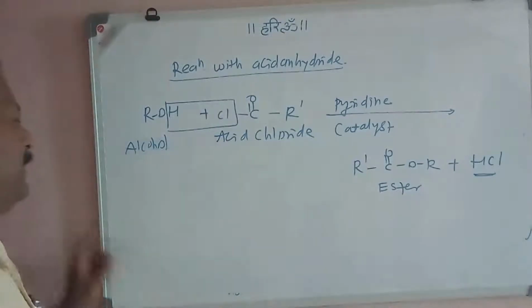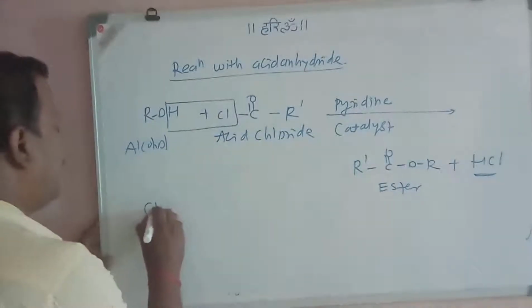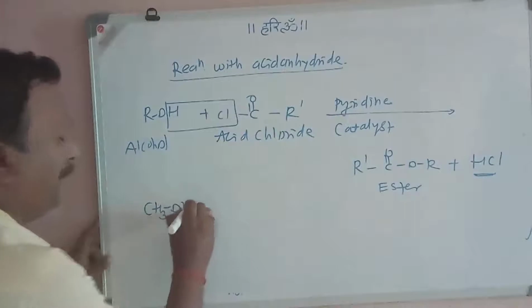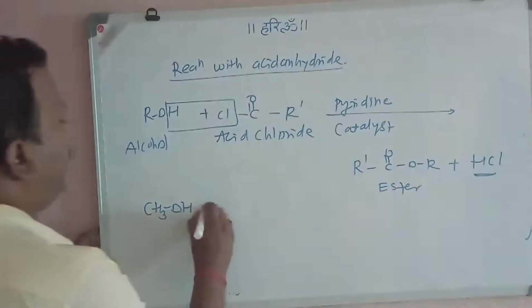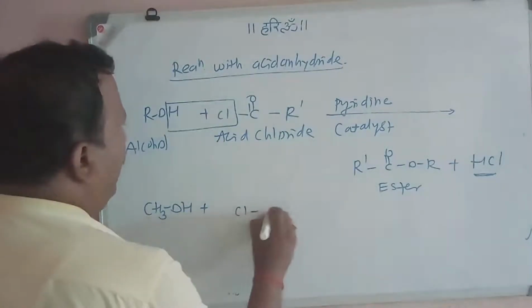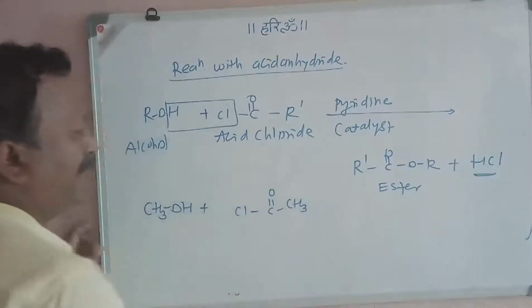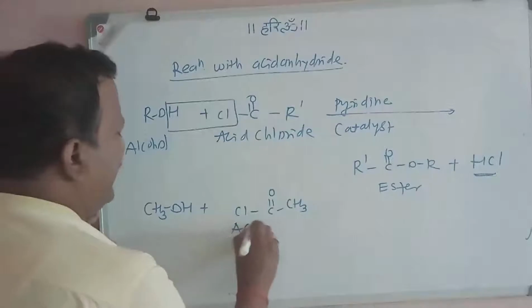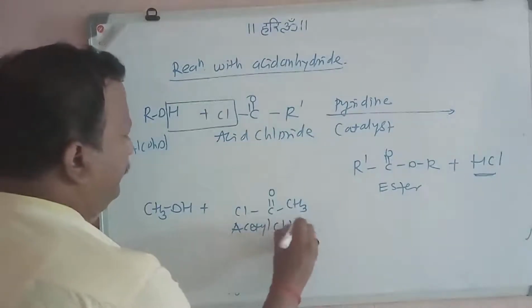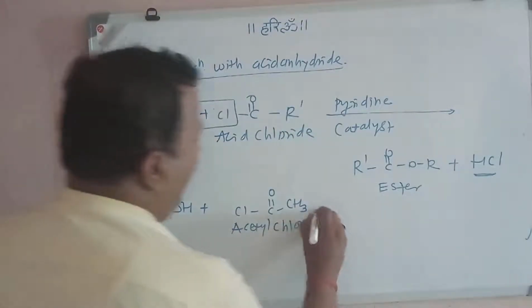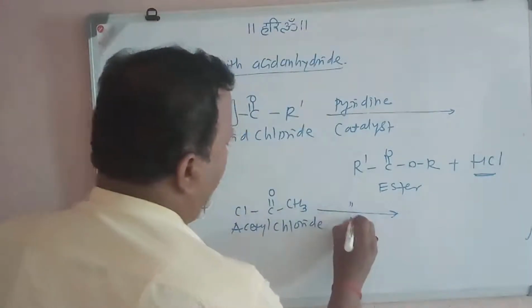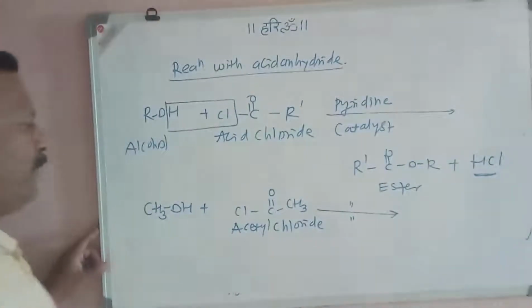आपण example बघूया. For example, आपण alcohol घेतला CH3OH. It is methyl alcohol or methanol, and this methanol is treated with an acid chloride like acetyl chloride, that is CH3COCl, called acetyl chloride, and the reaction is carried out in the presence of a catalyst like pyridine. And what happens here?